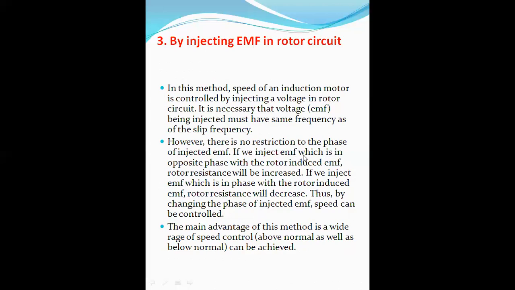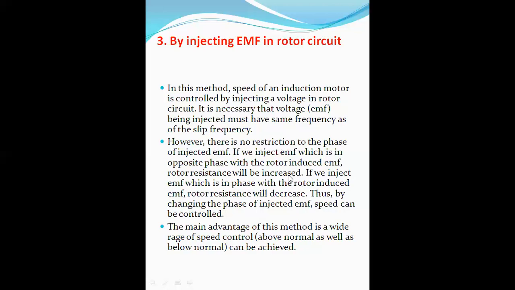If we inject an EMF which is in opposite phase with the rotor induced EMF, the rotor resistance will be increased. If we inject the EMF in the same phase with the rotor induced EMF, the rotor resistance will be decreased.